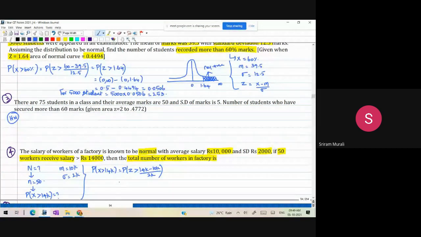This is equal to probability of Z greater than or equal to 2. As I said, you can equate. More than or equal to 2 means, you know the normal curve. The normal curve will be like this. More than or equal to 2. So this is the required area.